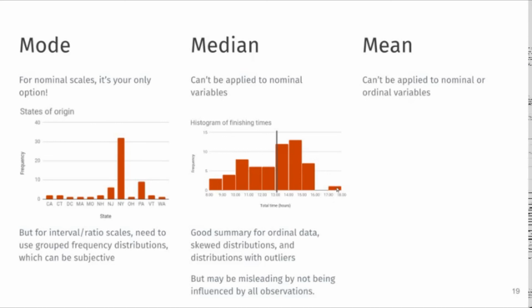Or would it not matter if they had taken a really long time? Or should we take that into account? Should we say, okay, yeah, this is a reasonable time that should enter into our consideration of the central tendency of this distribution?